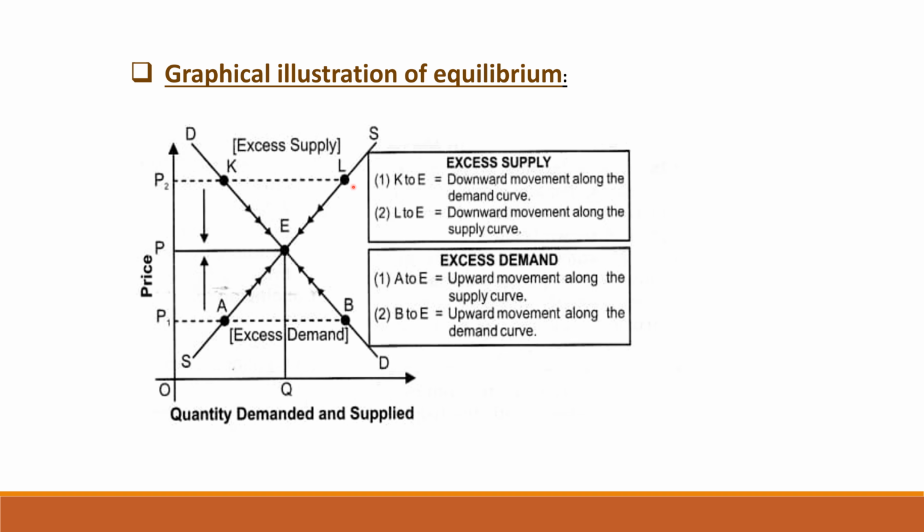Excess demand: if the price is below equilibrium, consumers demand more than what producers are supplying. This creates a shortage. In this case, competition among buyers will push the price up, and again the market returns to equilibrium. So, equilibrium acts like a natural balancing point in the market.